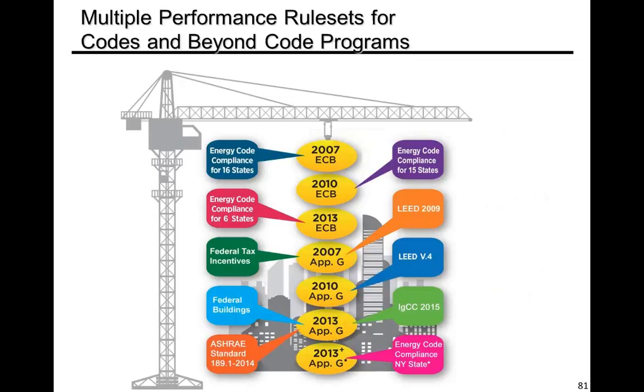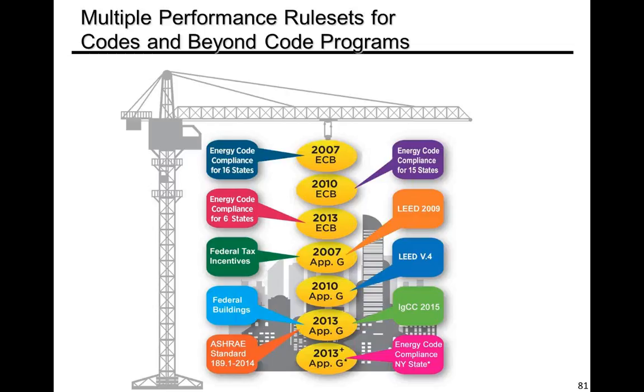So we've got the energy cost budget method and we've got Appendix G in Standard 90.1. Each edition of the standard has both of those performance methods. And there are different programs and codes that reference versions of those methods all the way back to 2004. I'm showing here, currently we've got 16 states that reference the 2007 energy cost budget for compliance.